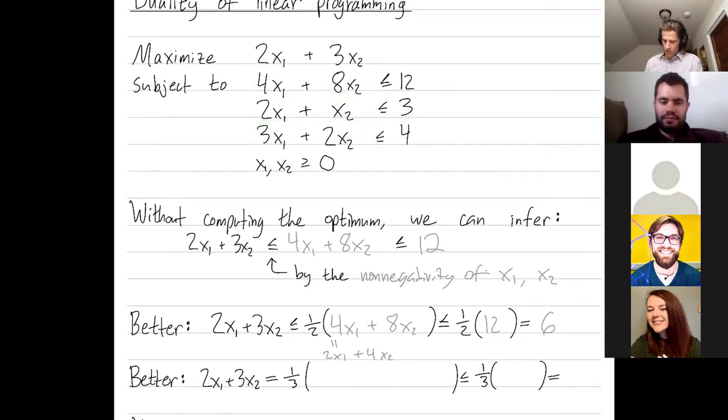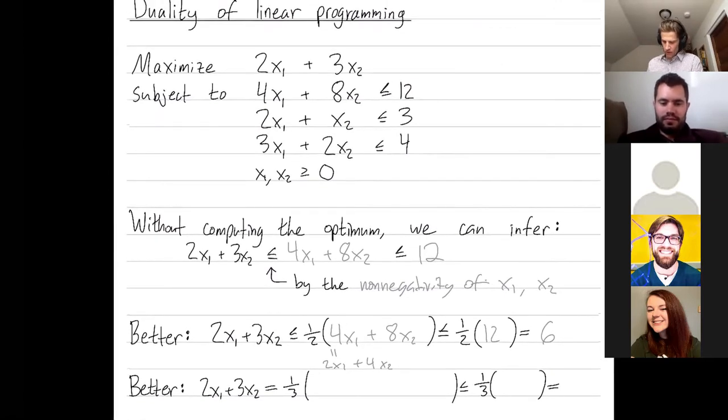So 2x1 plus 3x2, what we're trying to optimize, is at most 1/3 times my first equation plus my second equation, just because I have 1/3 of 6x1, which is equal to 2x1, and I have 1/3 of 9x2, which is 3x2.